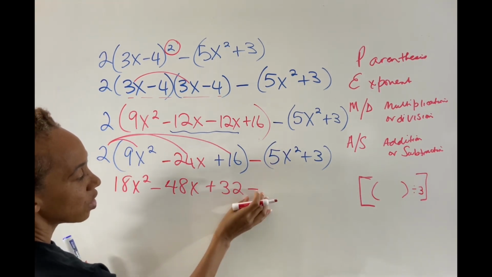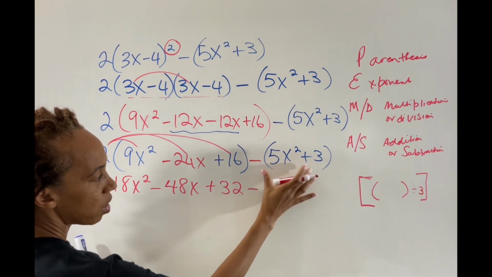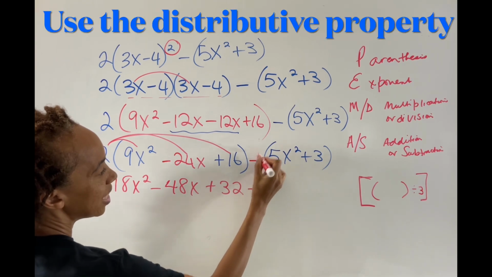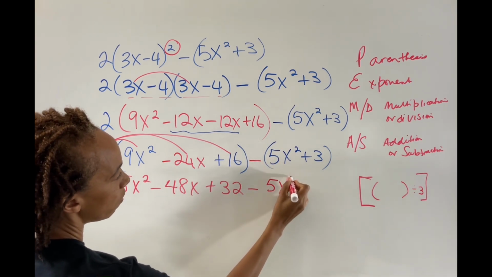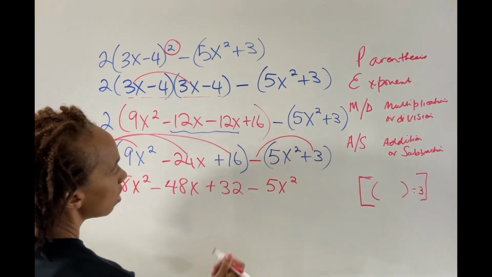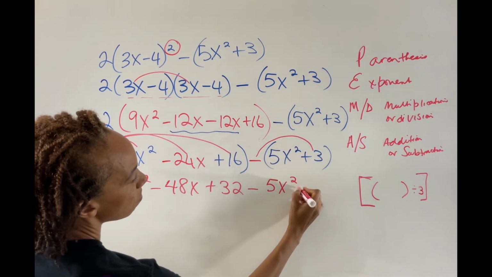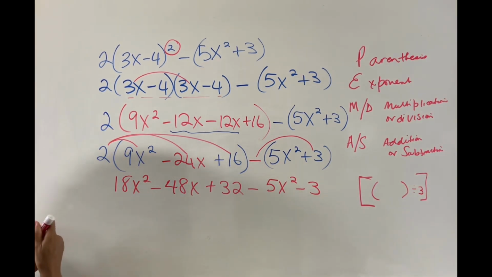Now, because we have a minus sign here, in order to get rid of the parentheses, this negative times the first term is going to be negative 5x squared, and then the negative times the positive 3 is going to be negative 3. This is very important, okay?